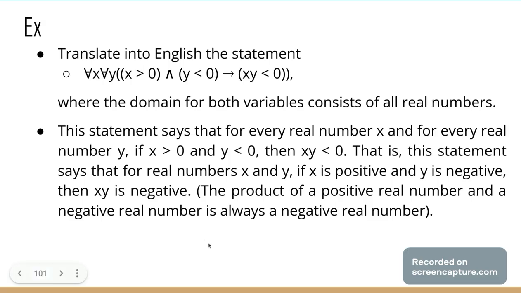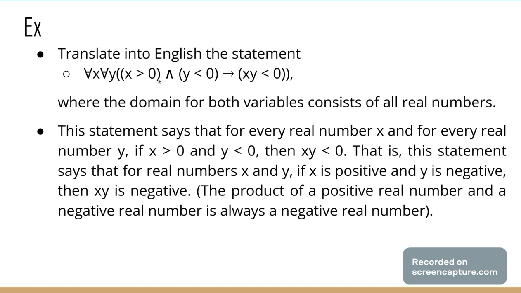Now let's look at another example. Translate into an English statement: for all x, for all y, x greater than 0 and y less than 0 implies xy is less than 0. That means x is positive whereas y is negative.